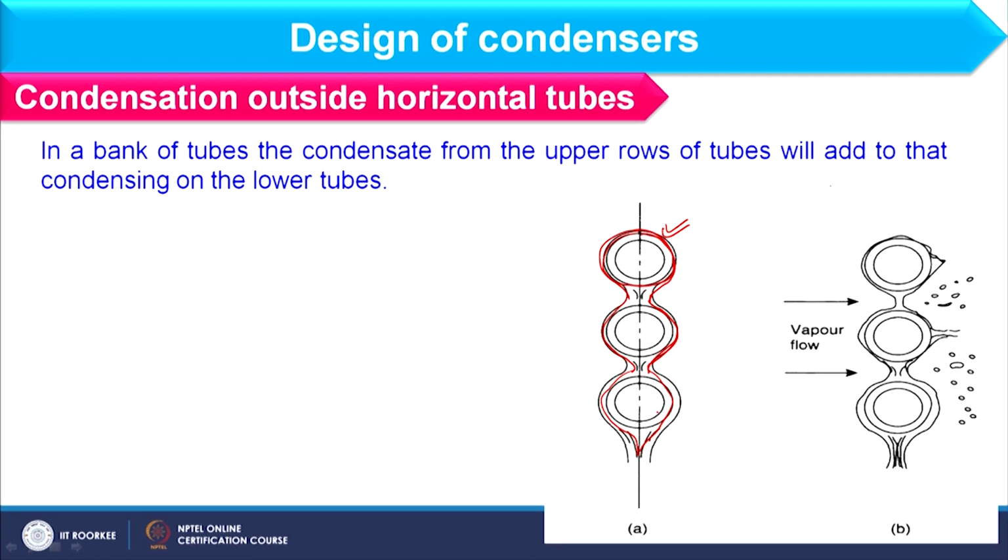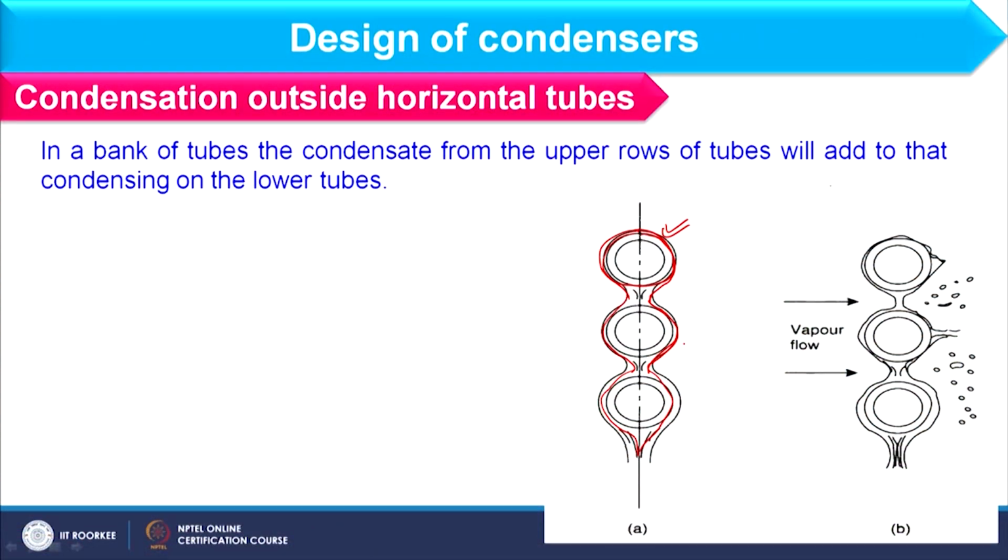Because when vapor is entering, it will come across all the tubes. So condensation will start over all the tubes, but as condensation proceeds, we will have a thicker film when I consider lower tube rows in comparison to upper tube rows. I hope it is clear to you.